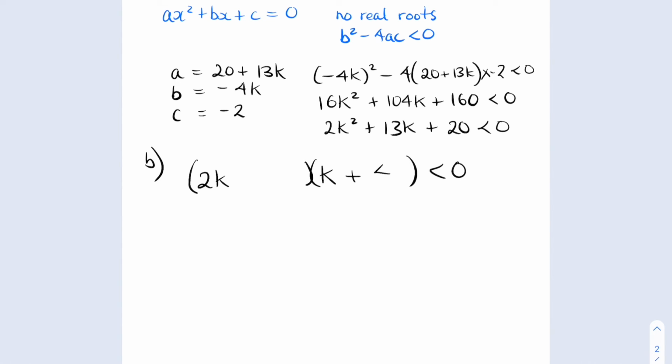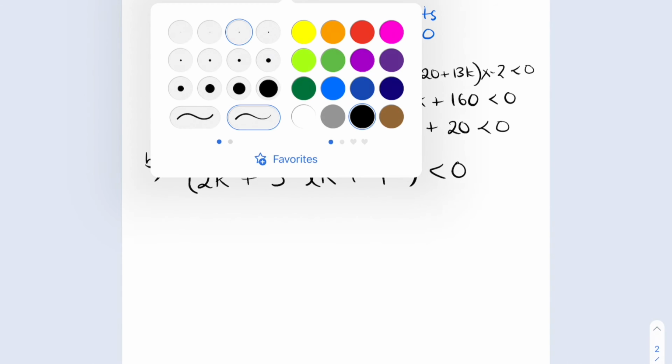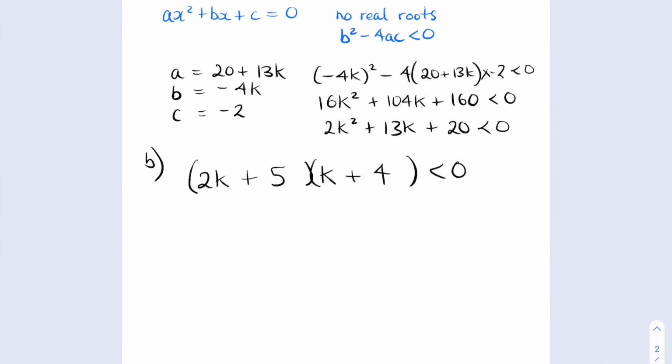I know they're both positive, and I need to put a 5 here and a 4 here, because when I expand this, I'll get a 5k and an 8k, which add together to make the 13k that we require, and it also gives me my 20 as required.